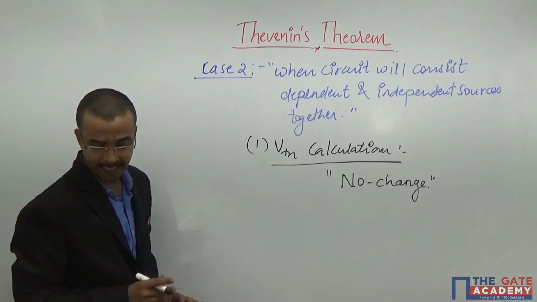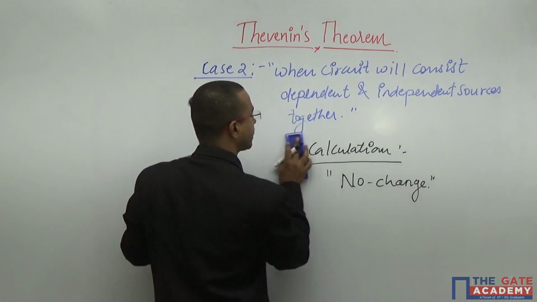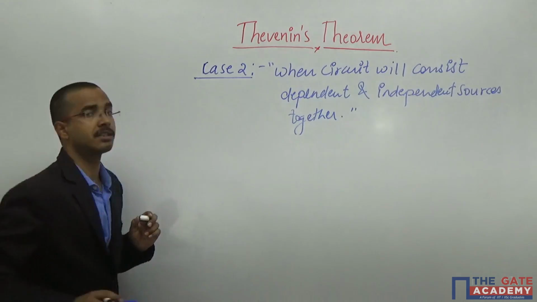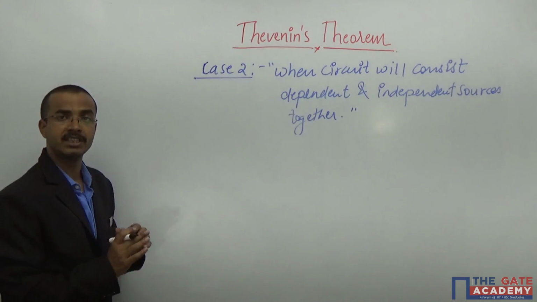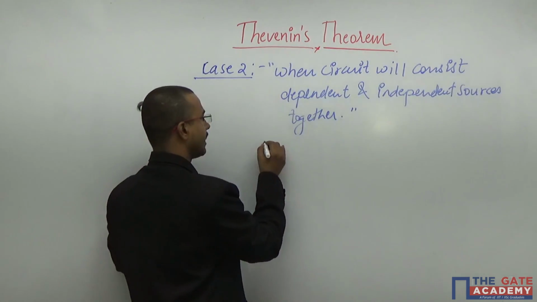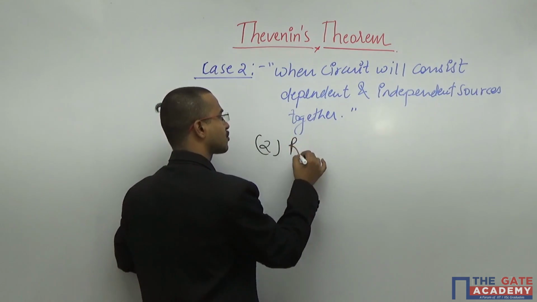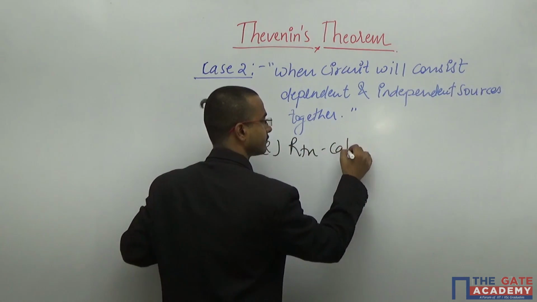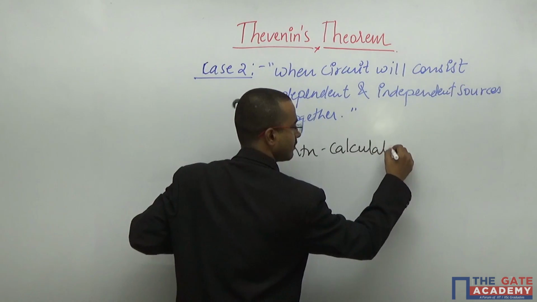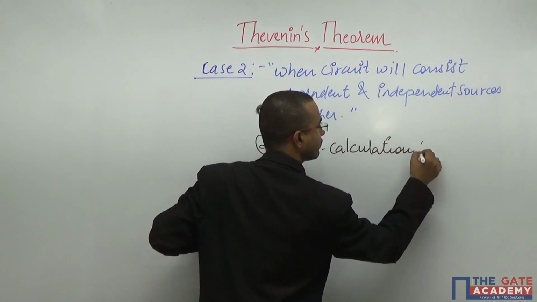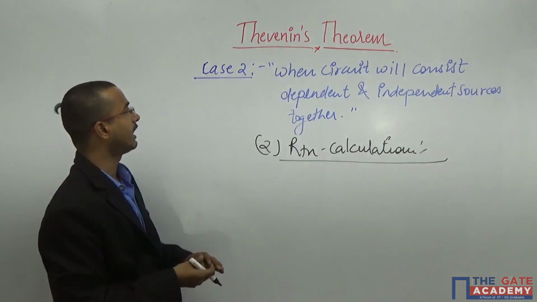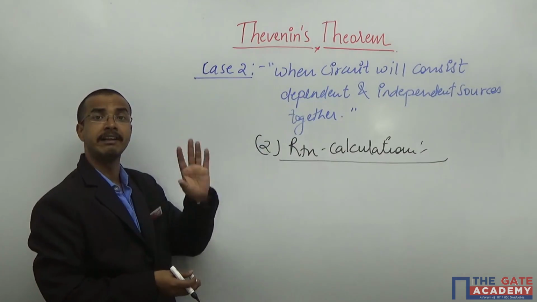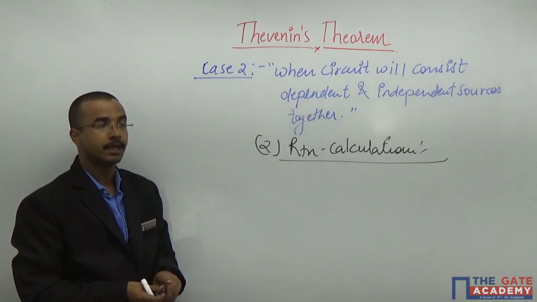But the second thing which we have to keep in mind, where most students make the error, is the RTH calculation. That is why for case 2 you have written only in the RTH calculation, not in the VTH calculation.